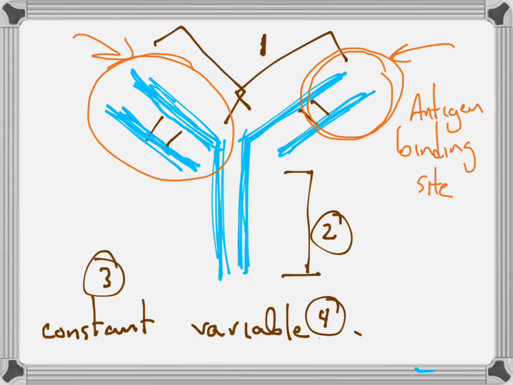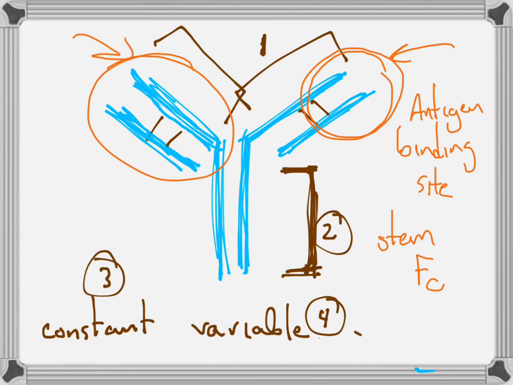Okay. What is this region that we have labeled number 2 called? Stem. Sometimes you'll also see the term FC for fragment crystalline, or I would just refer to it as fragment constant. And that gives away which region is constant.